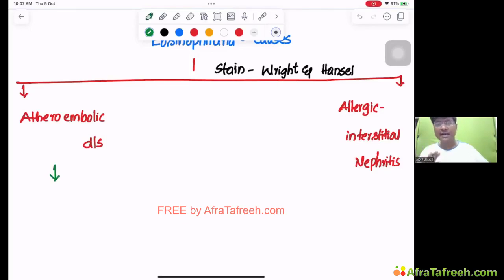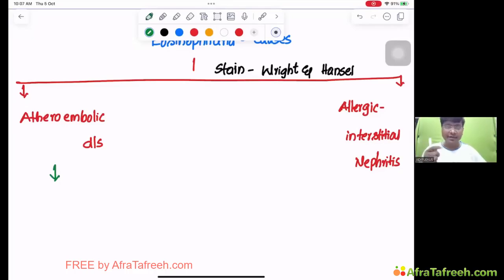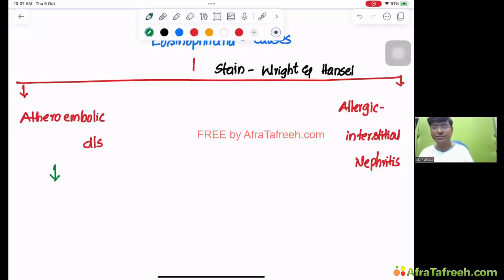The patient is fine after the procedure, has been shifted to ICU, and the next day it was found that the individual has gone into acute renal shutdown. That means there is no urine output the next day. This will be the classical picture. Then on examination, there is presence of purpura in the toes and fingers, and urine examination showed the presence of eosinophils. This will be the classical history.